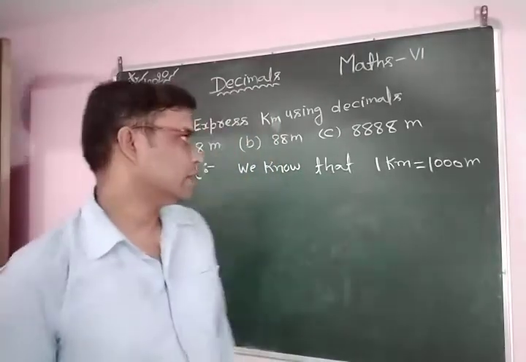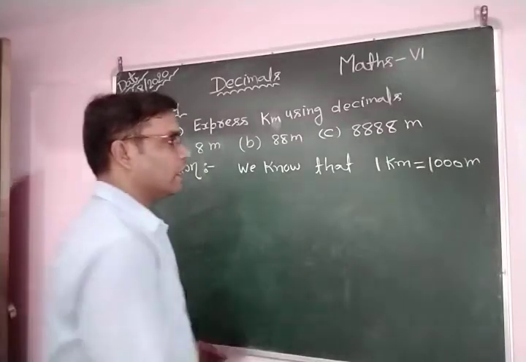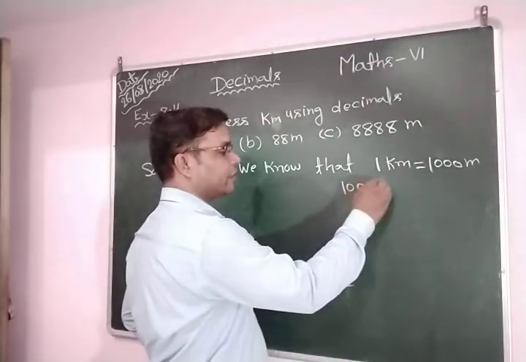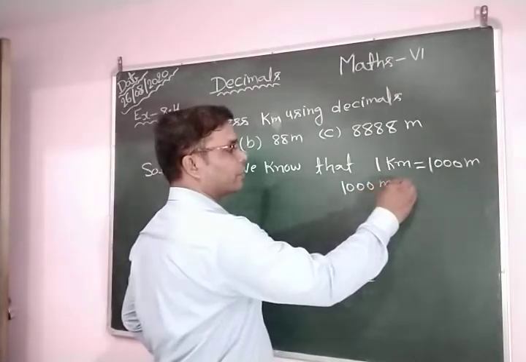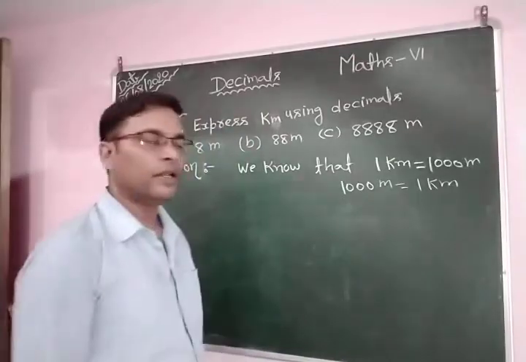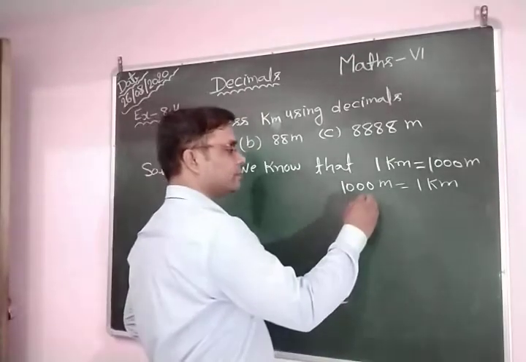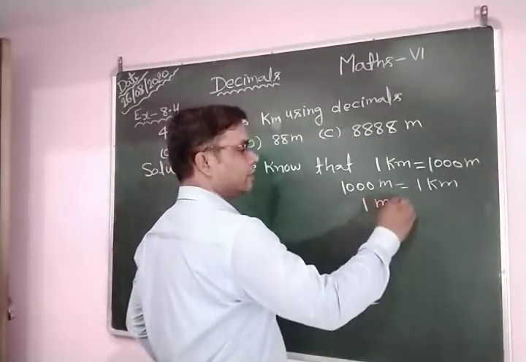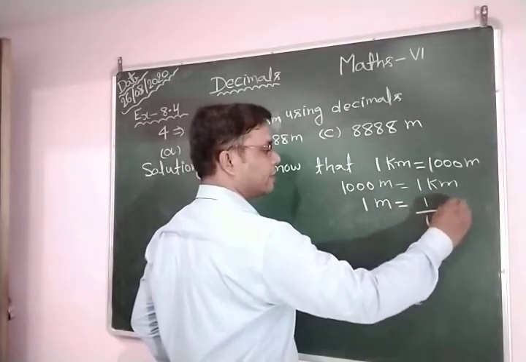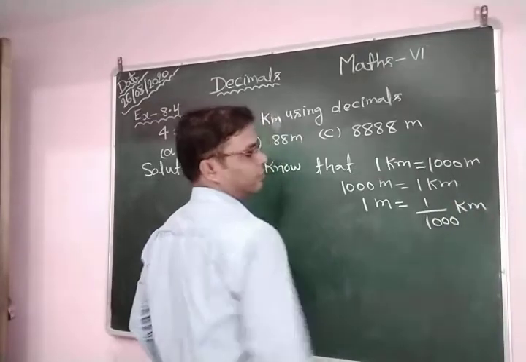So we can also write 1000 meter is equal to 1 kilometer, or 1 meter is equal to 1 by 1000 kilometers.